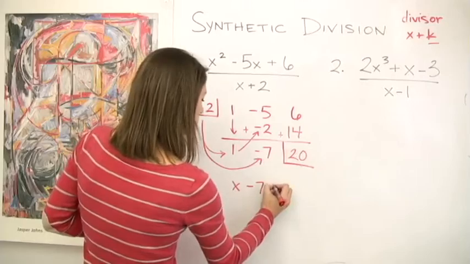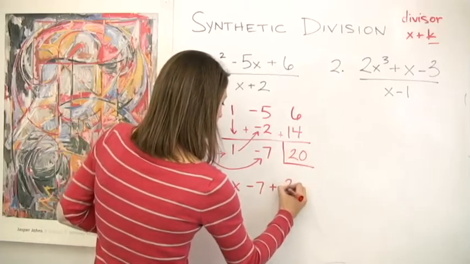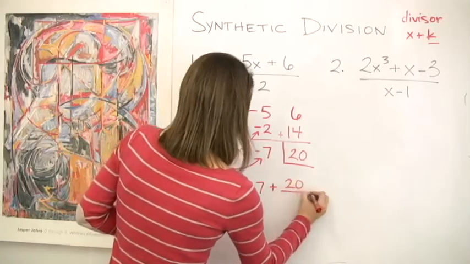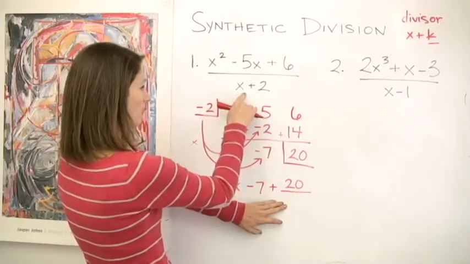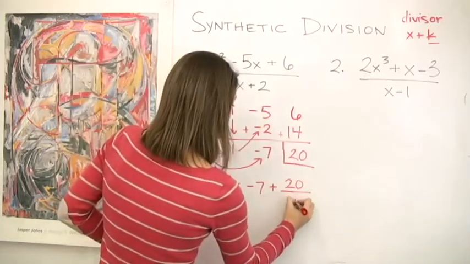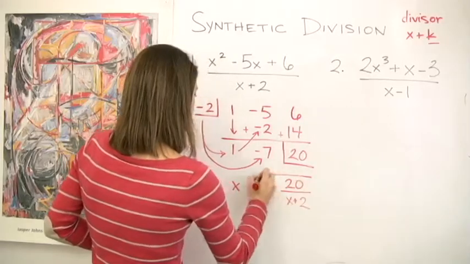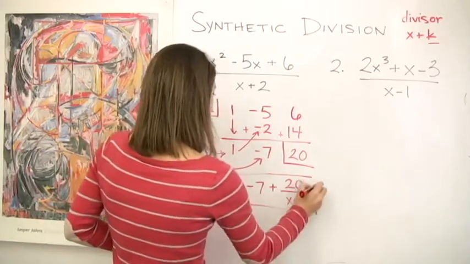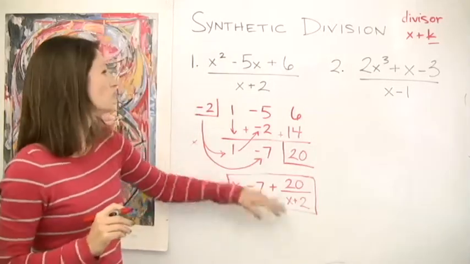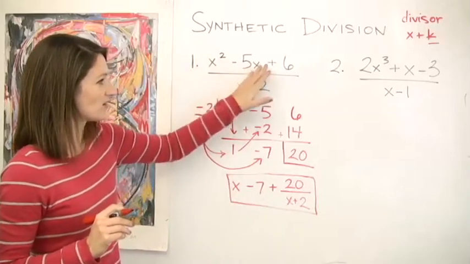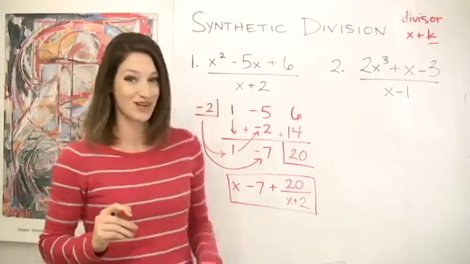And then our remainder looks like this. We add, then we have a fraction where it's 20 over our divisor, x plus 2. And here's our answer. So this is the answer when we divide x squared minus 5x plus 6 by x plus 2.